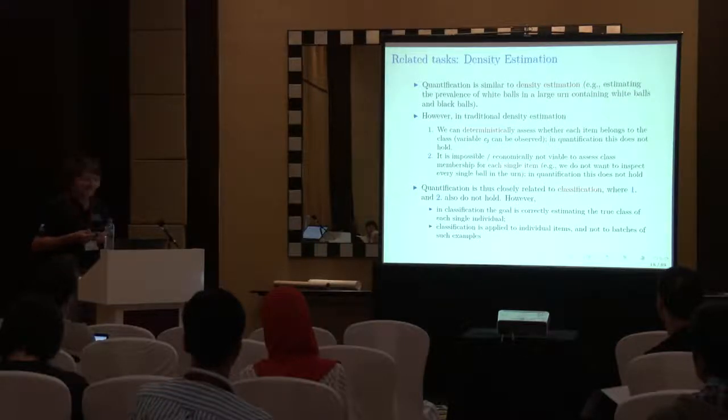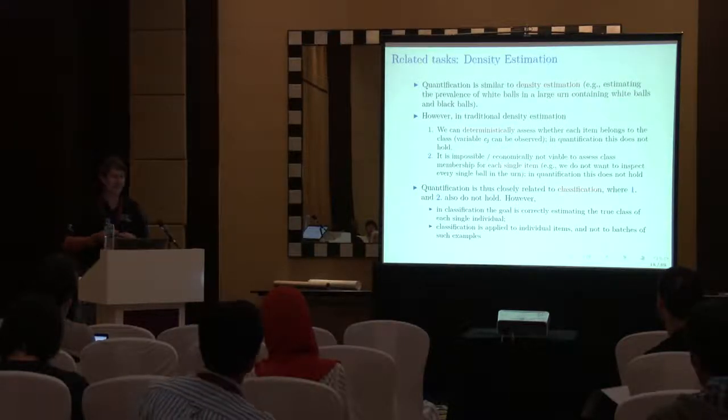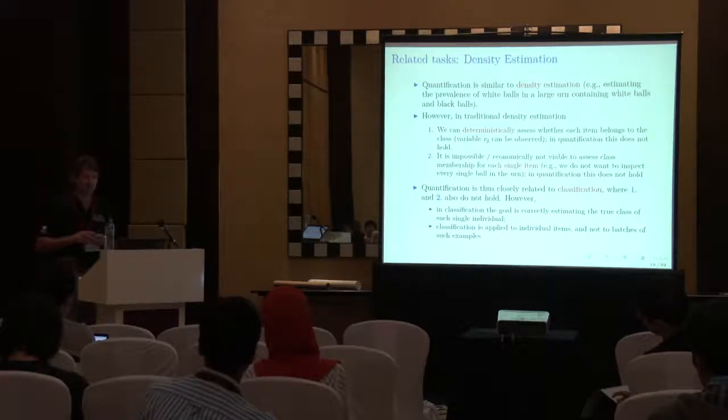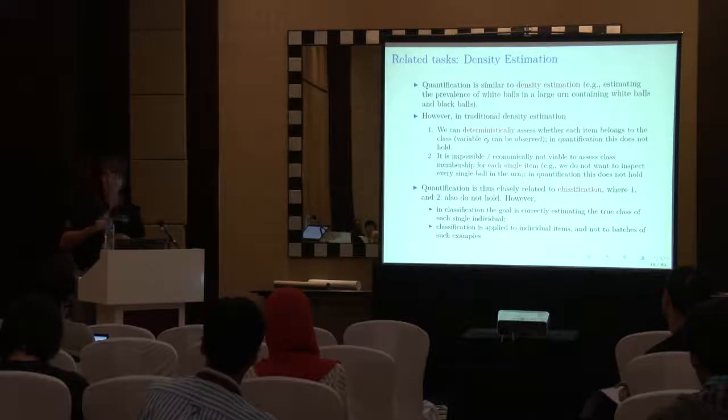The second difference is that in density estimation, with the white and black balls, you assume that for each individual item you can deterministically check whether the item belongs to the class or not. You pick a ball and, with certainty equal to 1, you can determine whether it's white or black.